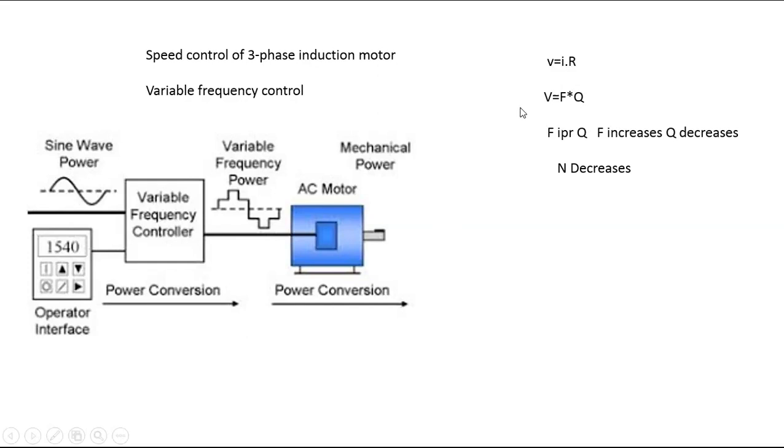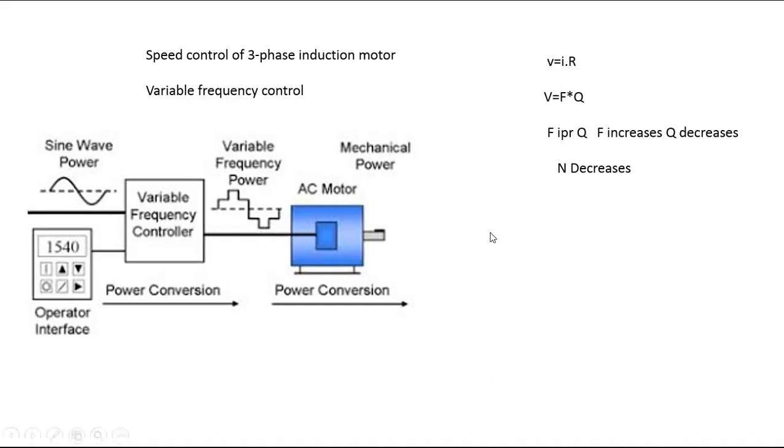Now, from this expression, we can write F is equal to V by Q. That is, frequency is inversely proportional to magnetic field. As frequency increases, magnetic field decreases.